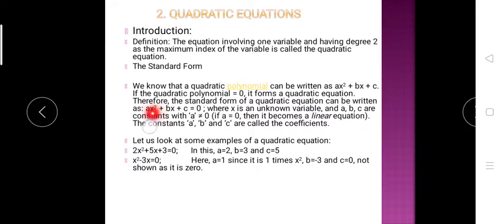If you substitute the value a is equal to 0, then this term is 0. If this term is 0, is it a quadratic equation? No, then it becomes a linear equation. Therefore the condition of the quadratic equation is the standard form ax square plus bx plus c is equal to 0, where x is the unknown variable and a, b, c are constants, and very important, a is not equal to 0.